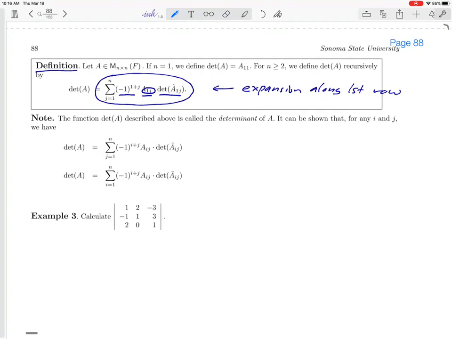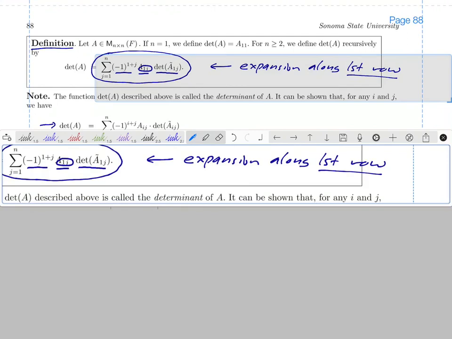Okay, what's interesting about a determinant is there's nothing special about the first row. We could have chosen any row, or in fact any column, and we would come up with the same thing. So if you look a little bit down here to the first formula below the note, it gives us another way of calculating the determinant. And notice that that formula looks almost the same as the one above it.